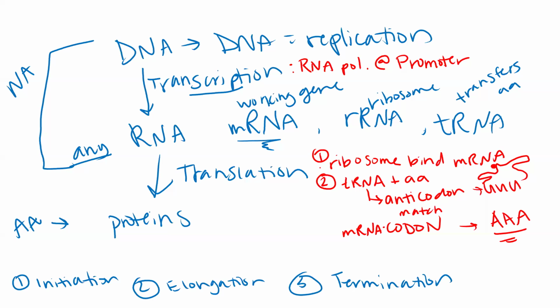When we get to termination, termination means that you are getting to a stop codon. Codons are always 3 nucleotides, right? On your mRNA, a stop codon is a 3 nucleotide sequence that does not code for an amino acid of any kind. There's no tRNA with an anticodon that matches it.